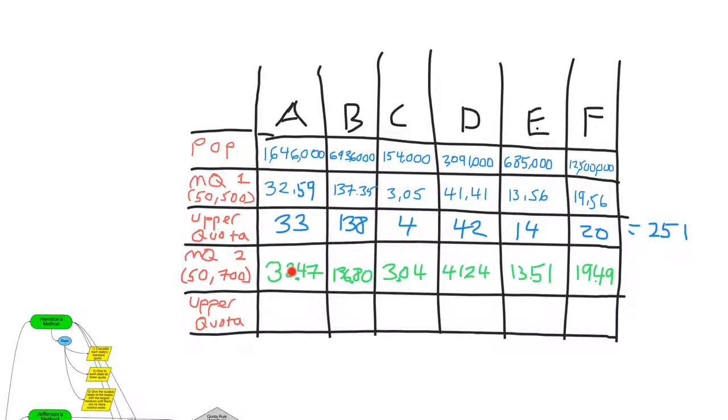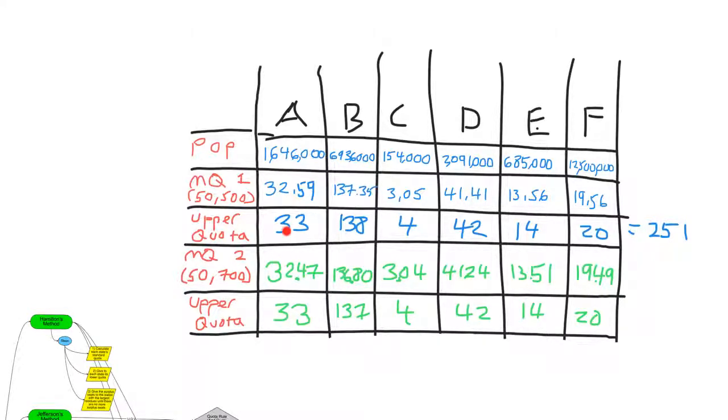So let's see if after changing these to the upper quota, we end up with the perfect amount of numbers. So this becomes 33. This becomes 137 because we're rounding it up. This becomes 4. This becomes 42, this one becomes 14, and this one becomes 20. So notice how just by bumping the modified divisor up by 200 points, we got slightly smaller numbers.